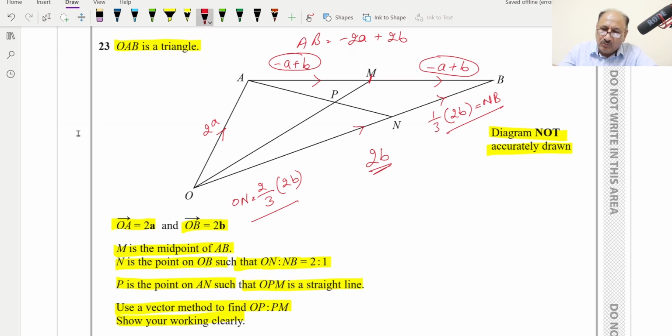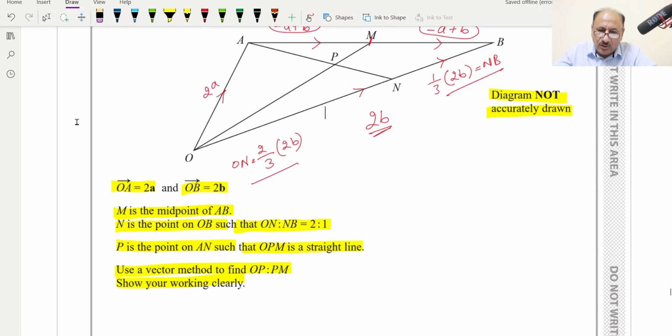AN will be equal to AO plus ON. We can take this route. I'm immediately writing so that you should not be confused. AN is equal to AO plus ON. We have these values, so we will substitute them.